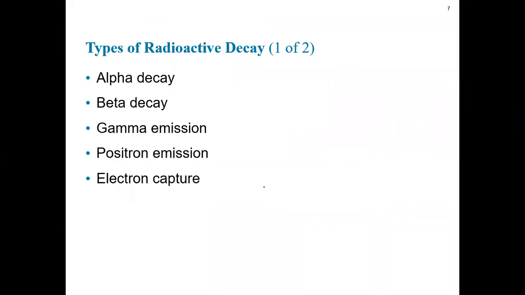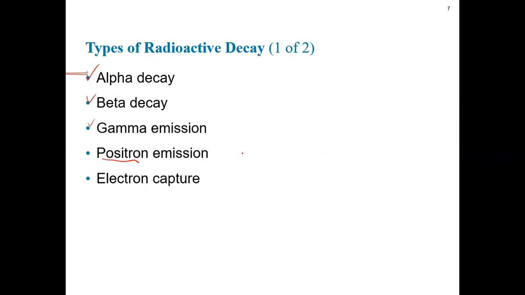All right, this gives us a few more types of radioactive radiation or decay. We saw this one on the last slide, this one and this one. But then we have positron emission. Positron means the opposite of an electron.